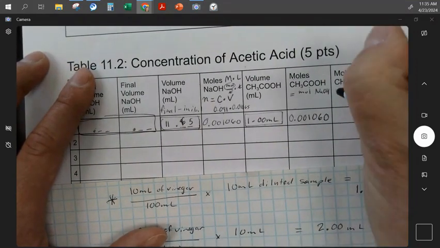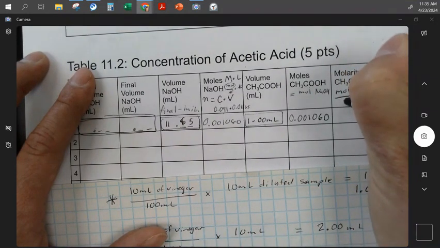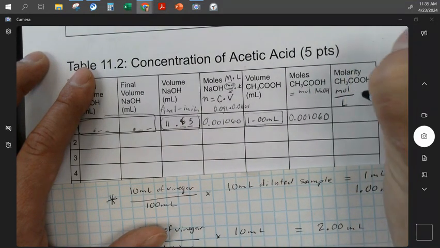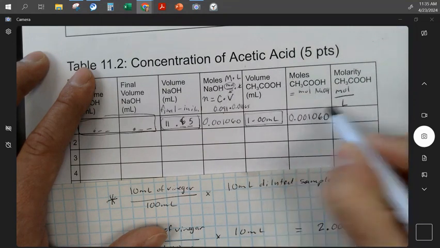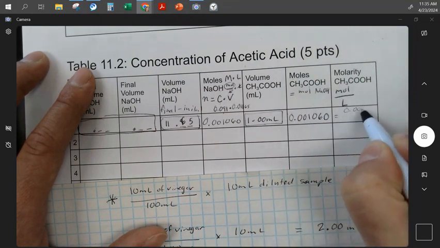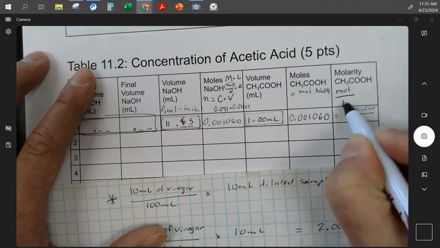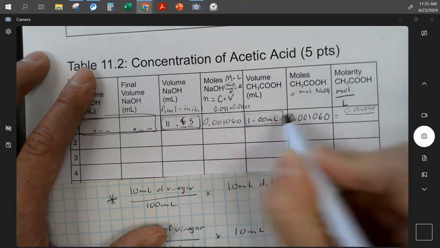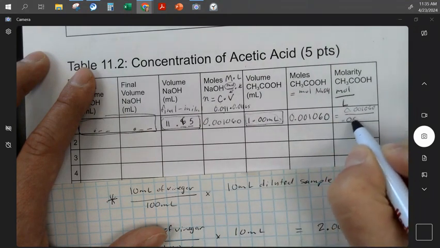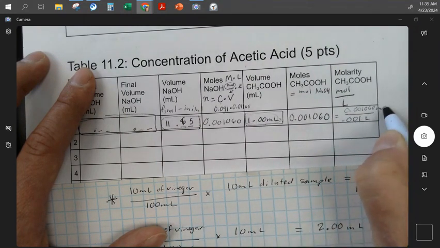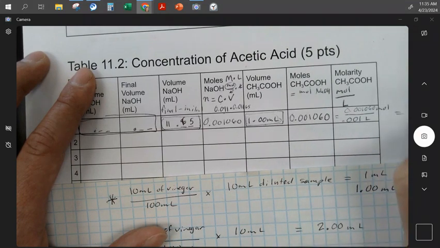Okay. So molarity is moles divided by volume in liters. So here, moles is this number, 0.001060, divided by liters, this volume. Move the decimal 1, 2, 3, so 0.001 liters, this is moles, so then we'll get molarity.